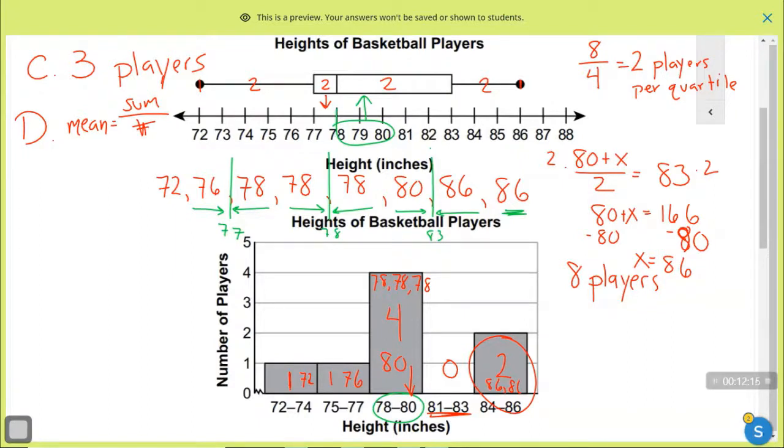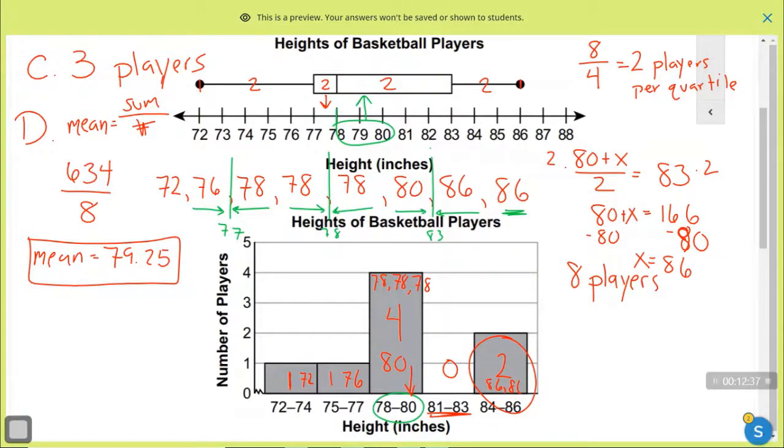And if you add it all up, you should get a total sum of 634. And we're dividing by 8 total players, giving me a mean of 79.25.